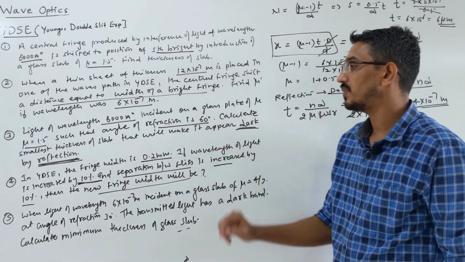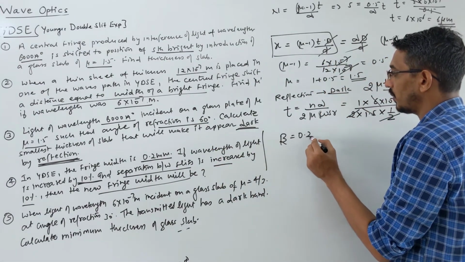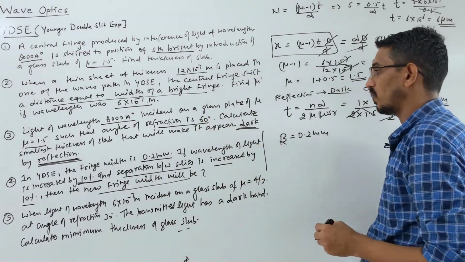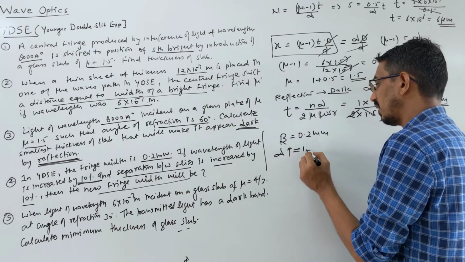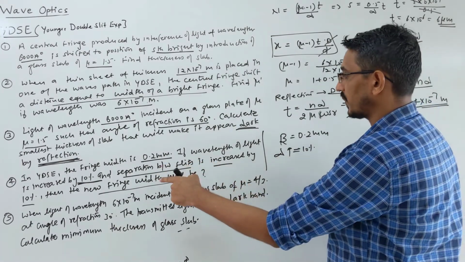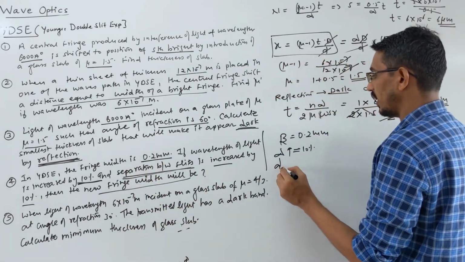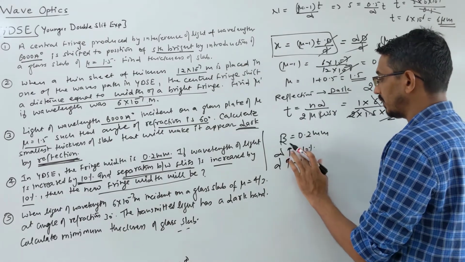Initial beta is given as 0.2 mm. Now two things are changing: the wavelength is increased by 10%, and the separation between slits, small d, is also increased by 10%. Correct? This is happening.